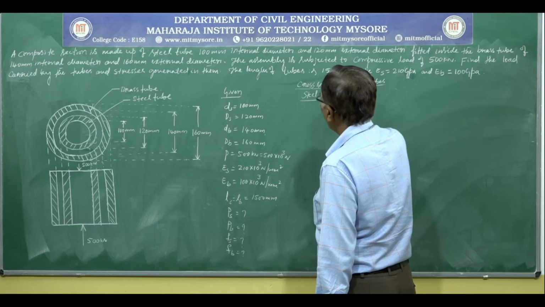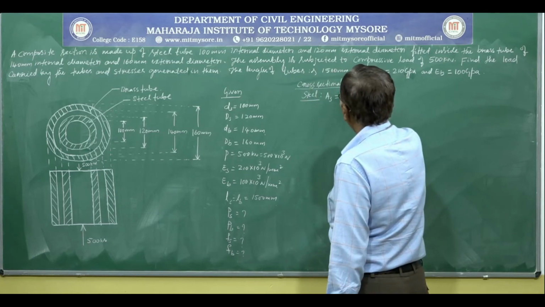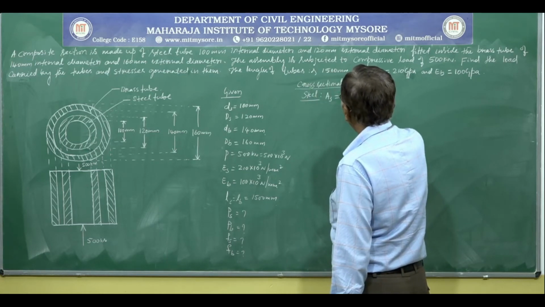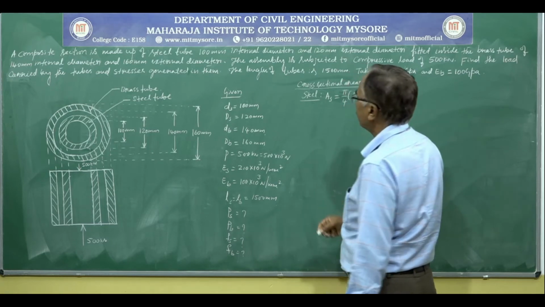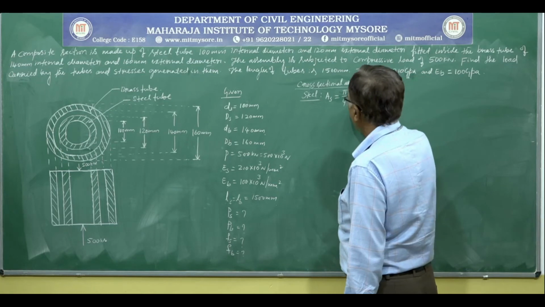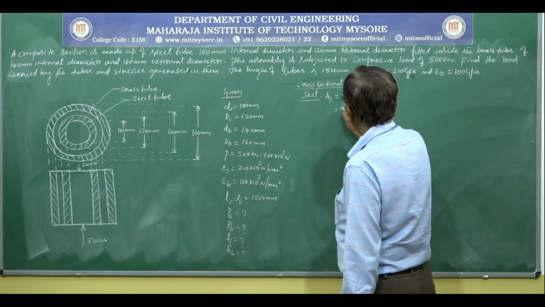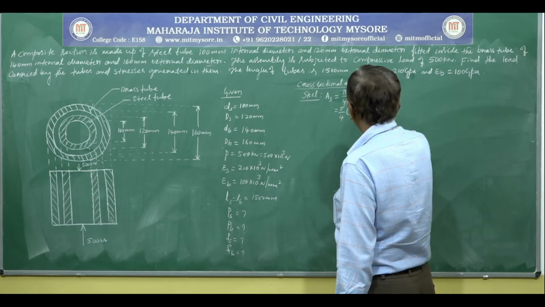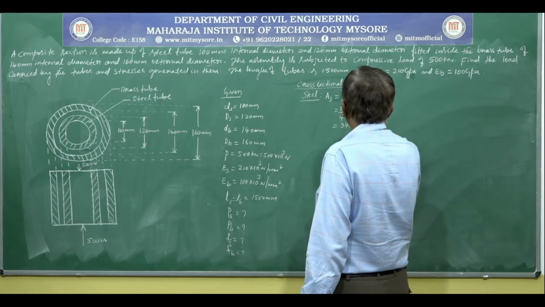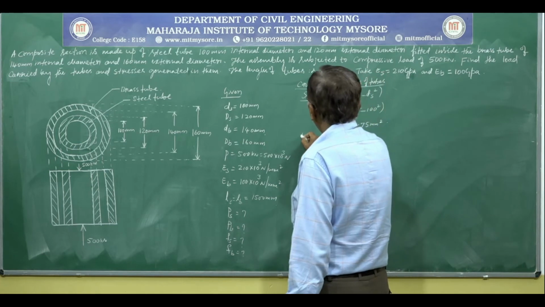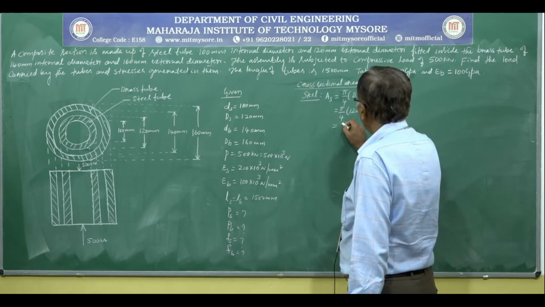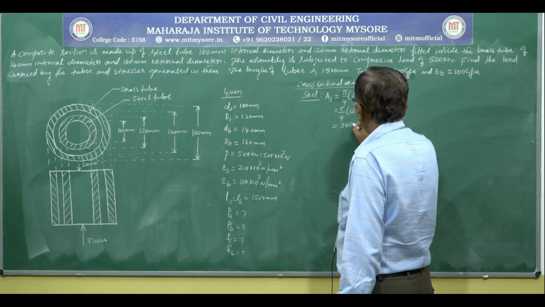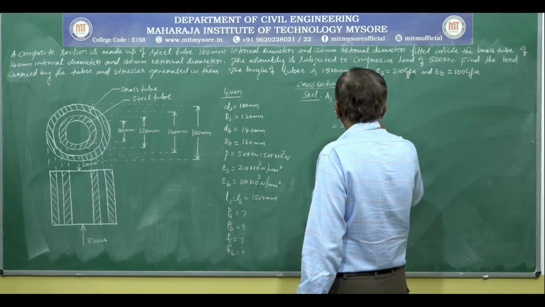As, area of steel, is equal to pi by 4 into ds square minus dis square. It is pi by 4 into 120 square minus 100 square. So we will get cross sectional area of steel as 3455.75 millimeter square.